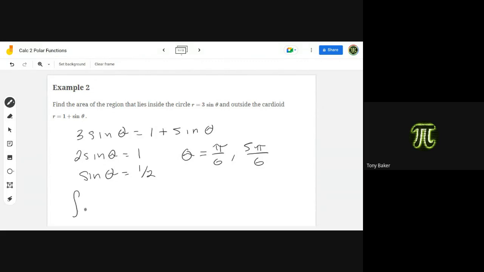So my integral is 1/2. Now, which one was on top? The 3 sine theta was on top.